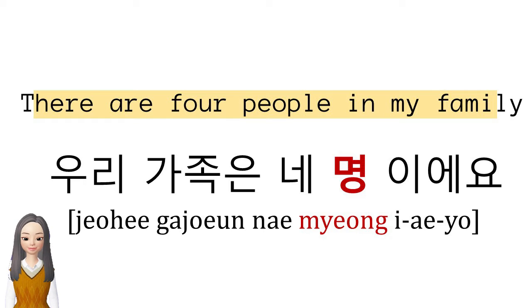Here, if you directly translate the sentence, it actually becomes our family is 4 people. So instead of the word 사람 for people, if you say 명, it's enough. People would just understand that we're talking about number of people.